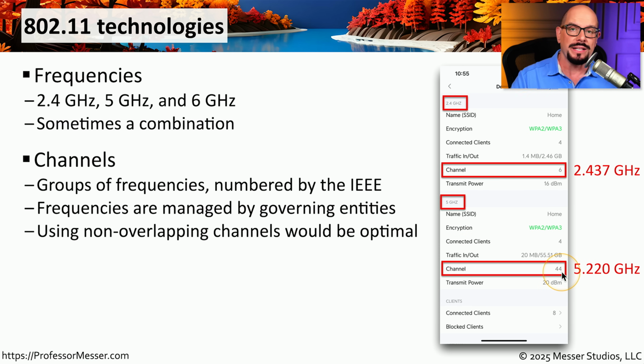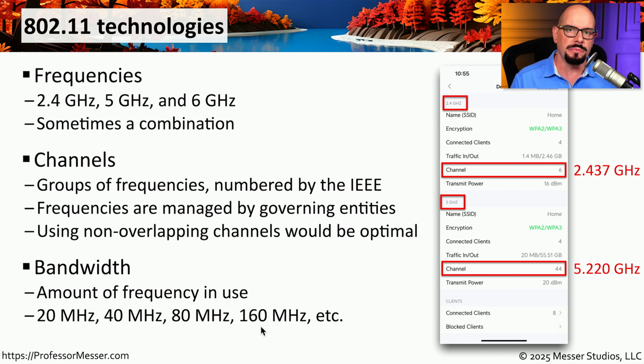If we look that up, we can see that I'm communicating on 5.220 gigahertz. You can see that it's much easier to refer back to channel 44 rather than specifying the 5.220 gigahertz frequency. We refer to the amount of spectrum that we would use as the bandwidth for that communication, and it's very common to see bandwidths of 20, 40, 80, or 160 megahertz.